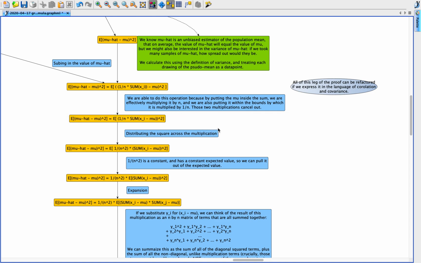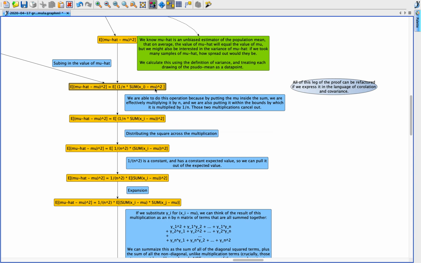The next thing we're going to do is a little bit strange. We're going to take this mu and put it inside the sum. I actually don't want these parentheses because we don't need them: it's multiplied, and by PEMDAS multiplication gets done before subtraction.